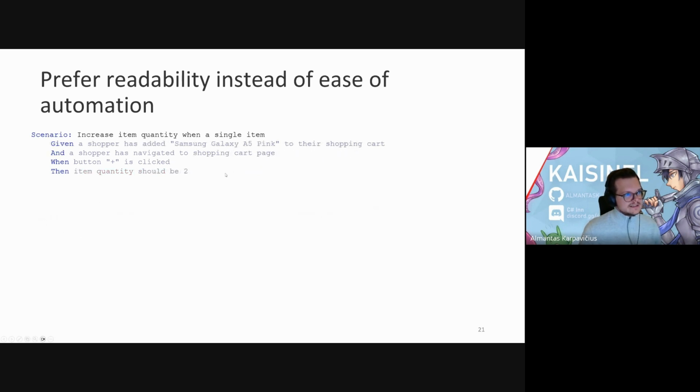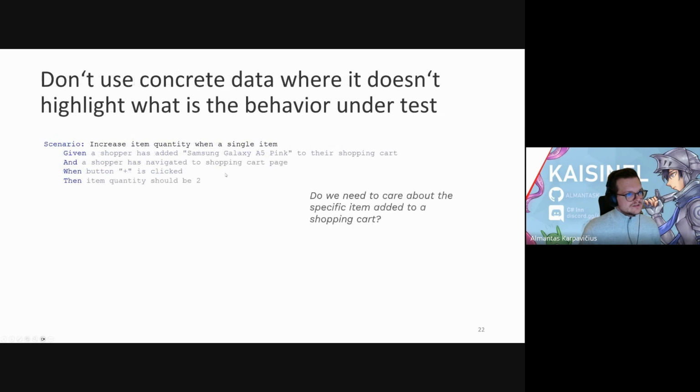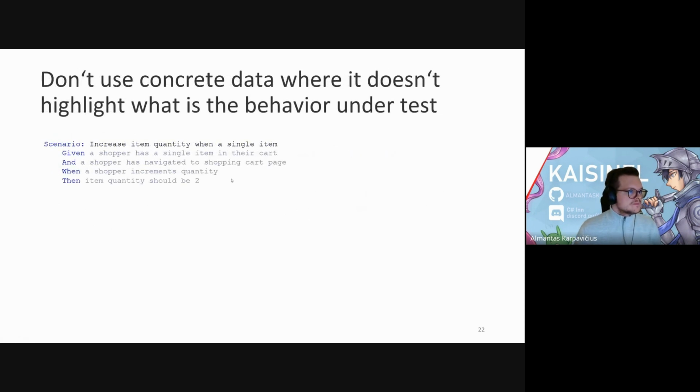So a little bit refactored, it looks like this. All right. And so no longer a specific item, no longer a specific query, no longer a specific way of incrementing quantity, and no longer technical details in the expectation.